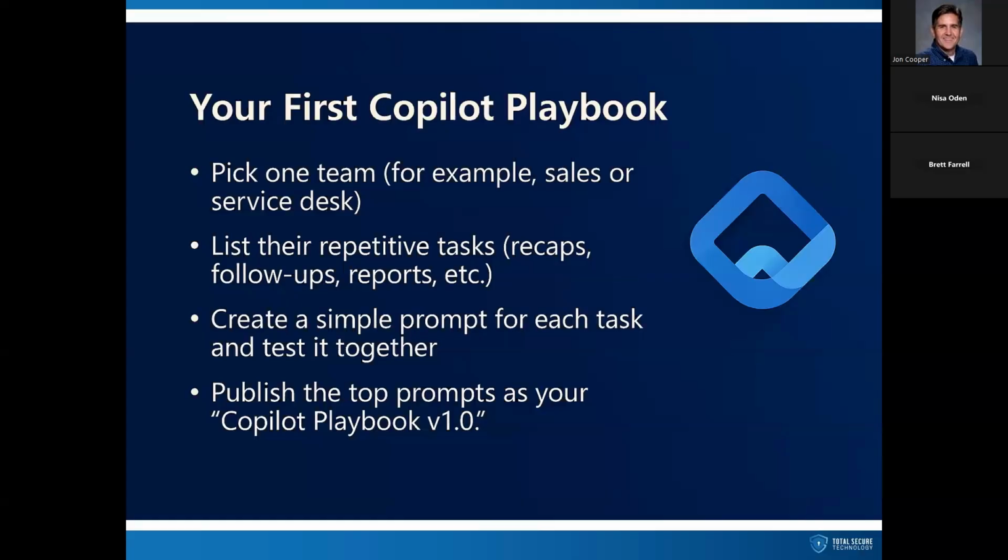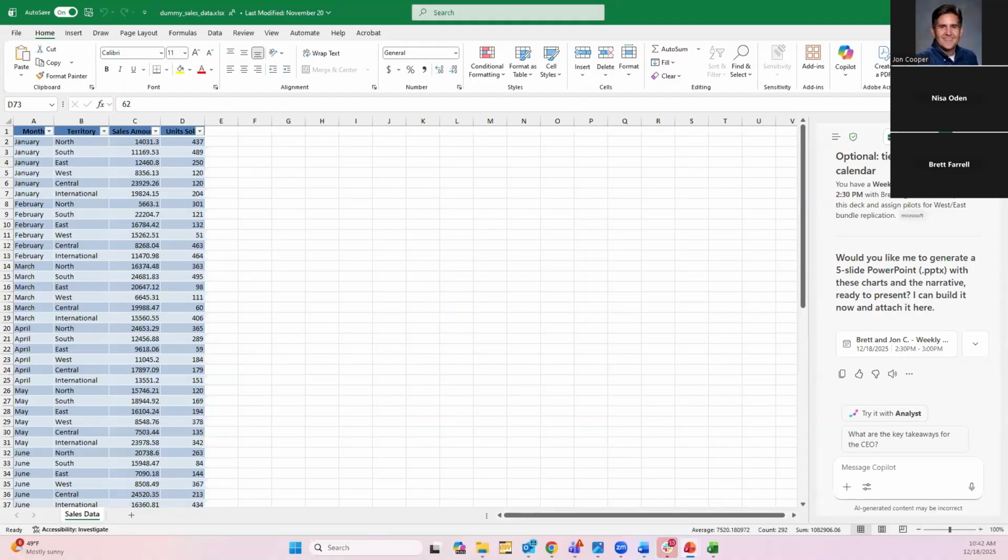So I've taken our sales department and I've created a playbook. I'm going to pull that up here. So bear with me here. Leadership playbook prompts. Nope, that's not the one I want. Okay, the sales playbook.